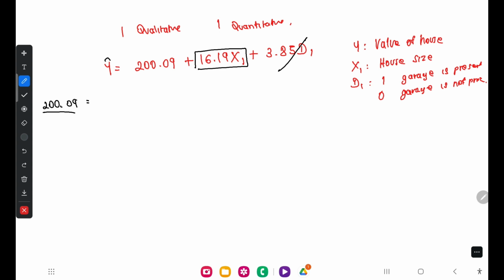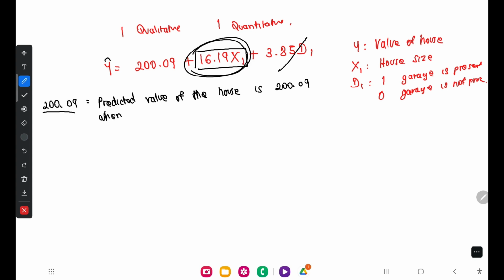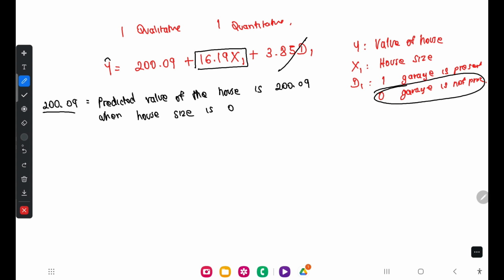So if we combine all this, we can say the predicted value of the house is 200.09 when the house size is 0, and what's our reference category? When a garage is not present.